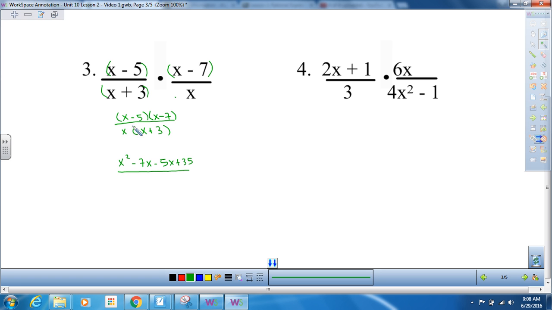And then on the bottom, I can distribute x squared plus 3x. I need to combine my like terms on the numerator. Negative 7x minus 5x is negative 12x. Okay. I still can't cancel out those x squareds because they're still attached with a minus or a plus sign. So it's still like having invisible parentheses around it.